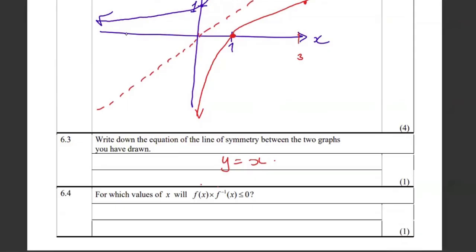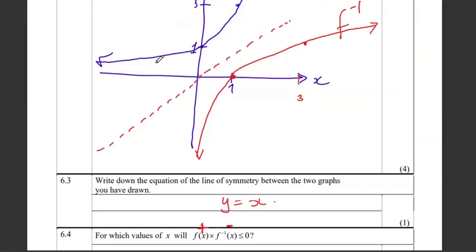Then for which values will this f and its inverse be less or equal to? In other words, when we get a negative result, or a result that is equal to 0. So f is above, meaning that it's just positive. So we need to look for a scenario where f is positive and g is below. No, f inverse. So the only section that we are seeing is this section.